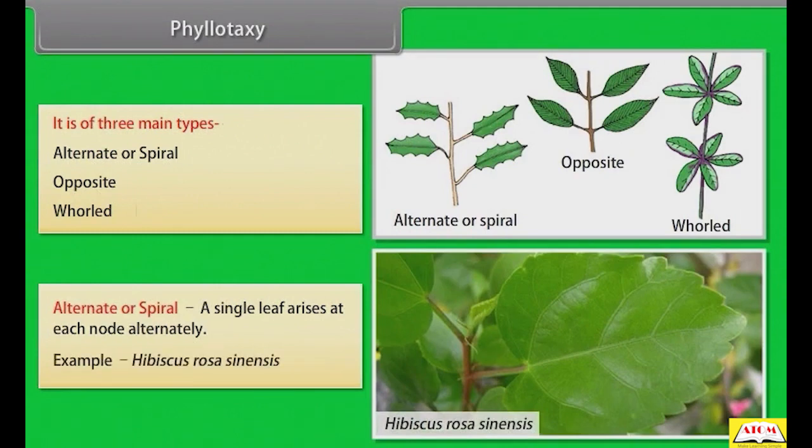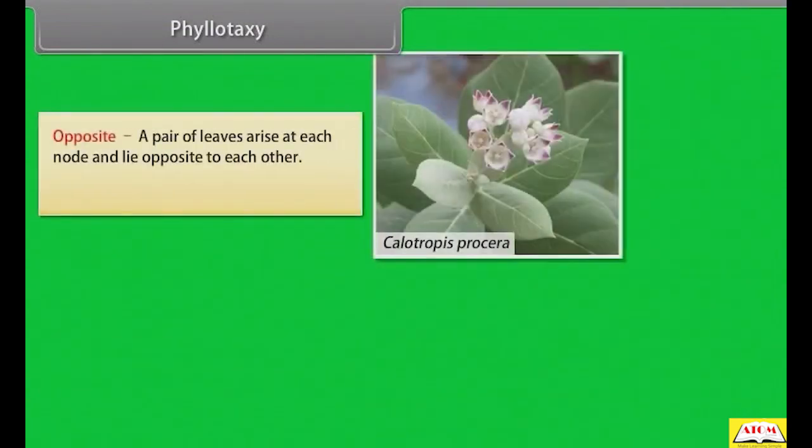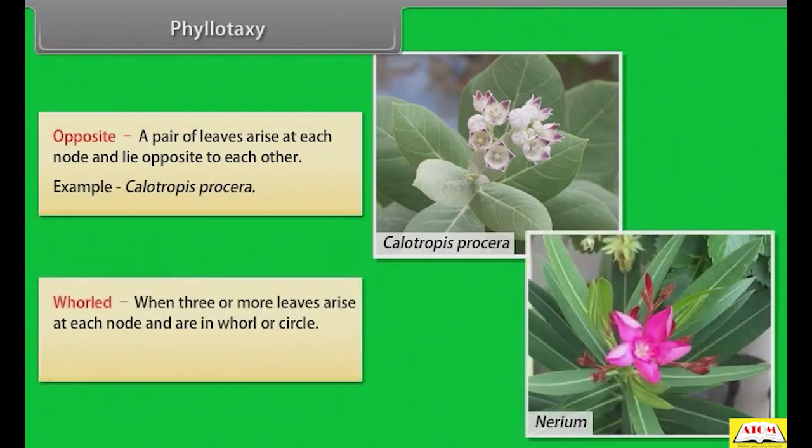Example, Hibiscus rosa sinensis. Opposite. A pair of leaves arise at each node and lie opposite to each other. Example, Calotropis procera. Whorled. When three or more leaves arise at each node and are in a whorl or circle. Example, Nerium oleander.